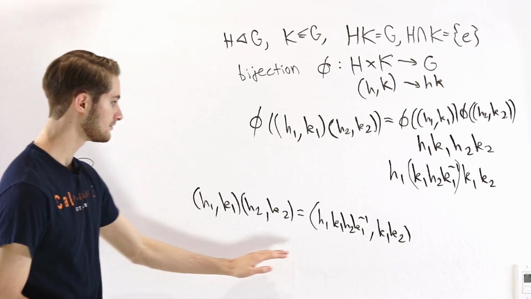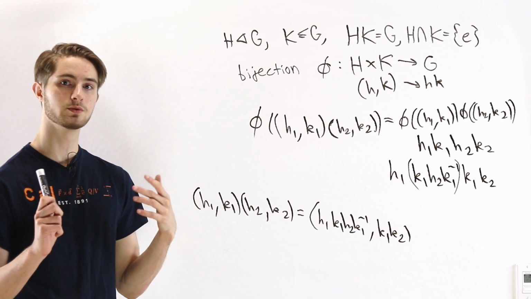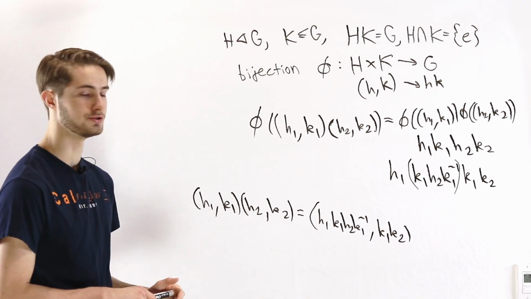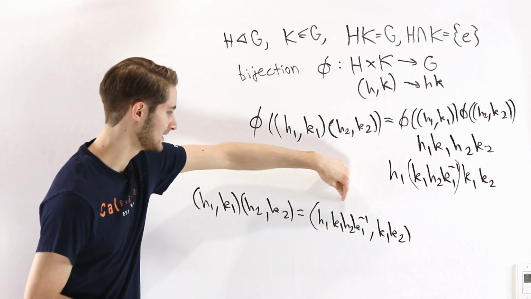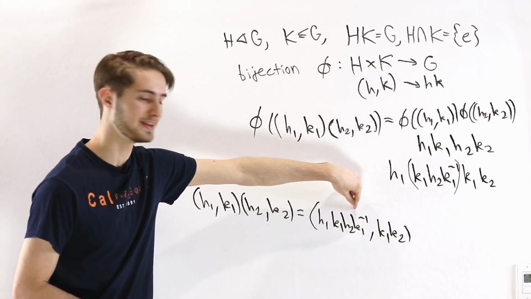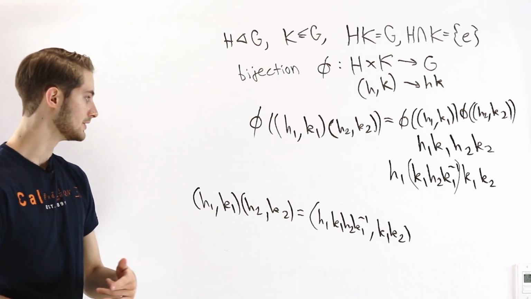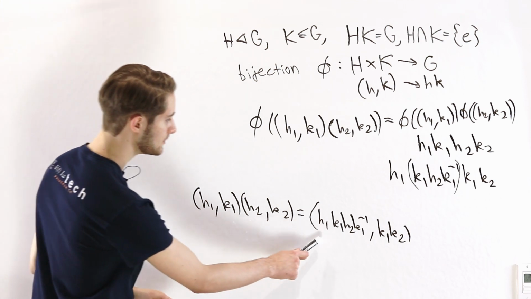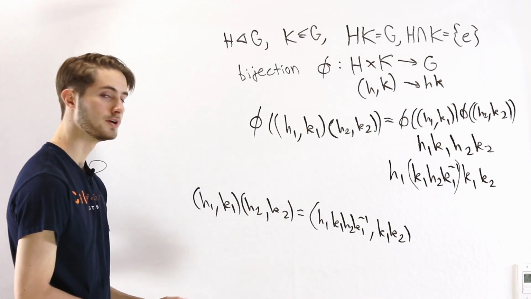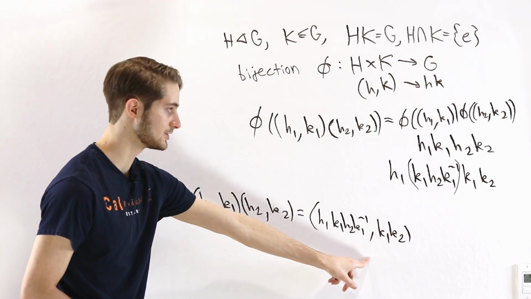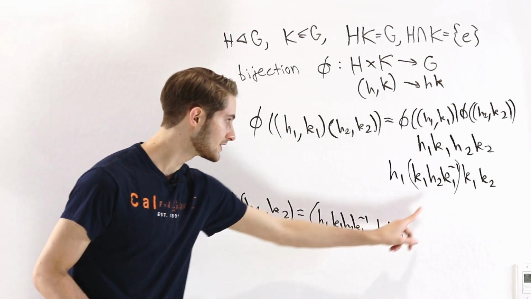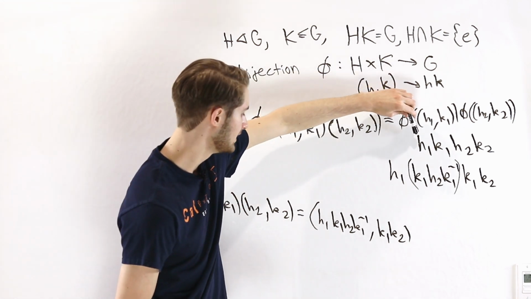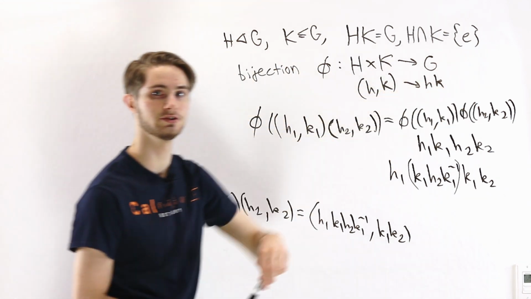Sometimes when people look at this final multiplication rule, it seems like kind of a random rule to use. If we're multiplying H1 K1 and H2 K2, why is there suddenly K1 H2 K1 inverse? Did we just add that in randomly? The answer is no. So we have to remember that when we look at this ordered pair, if you think about reading it from left to right as a product, the point of making the multiplication like this is that K1 inverse K1, if we look at it as a product, is going to cancel out, and we just get H1 K1 H2 K2.